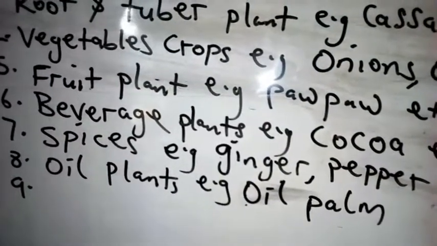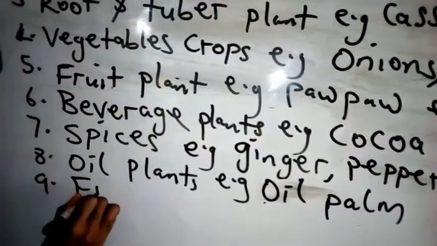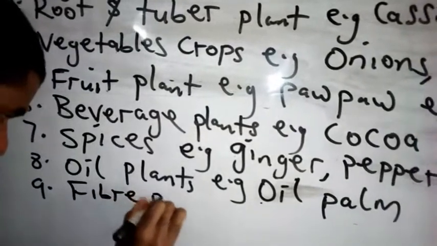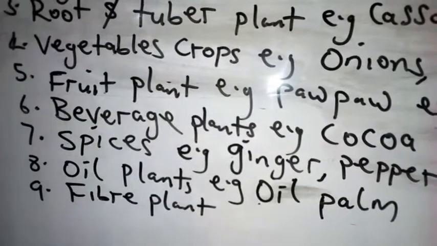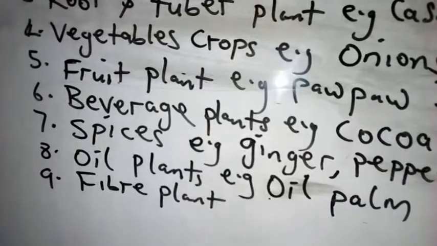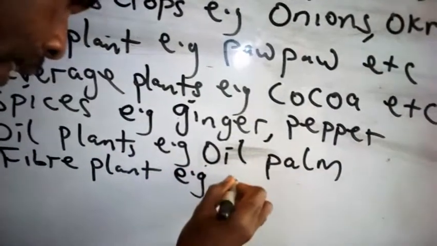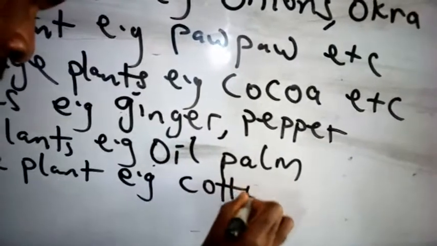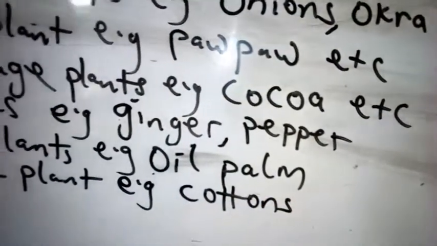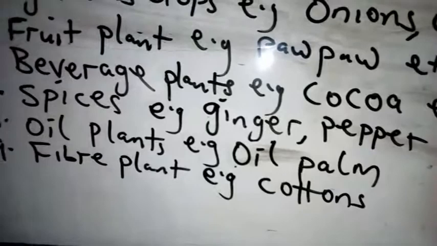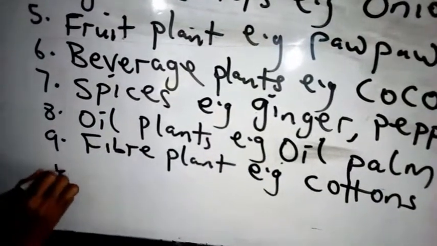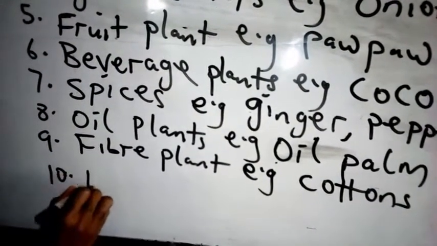Number 9, we have fiber. Fiber plants. These are plants that can be used to produce clothing. Examples of such plants are the cottons. Finally, based on agricultural classification, we have latex.